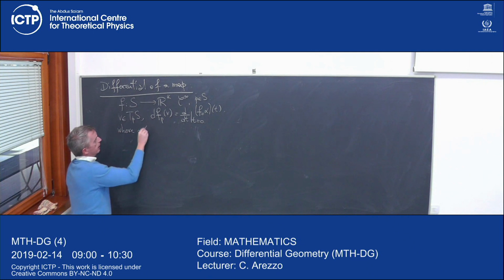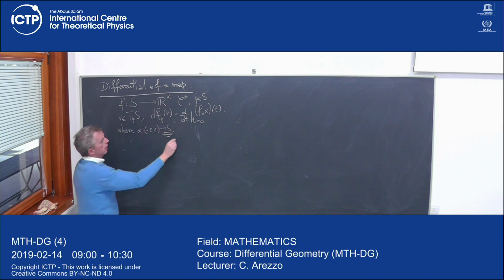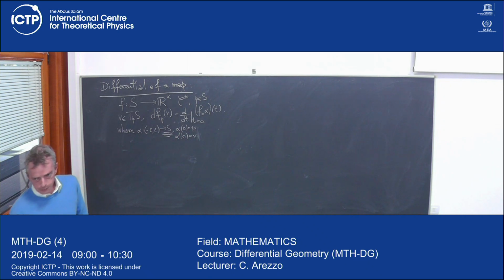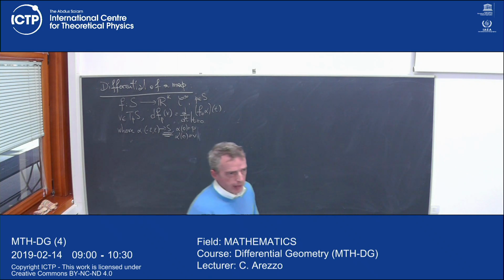So alpha from (-epsilon, epsilon) into S, with alpha of 0 equal to p and alpha prime of 0 equal to v. Okay? Very good. Why not? This was the differential for maps from R^n to R^k.